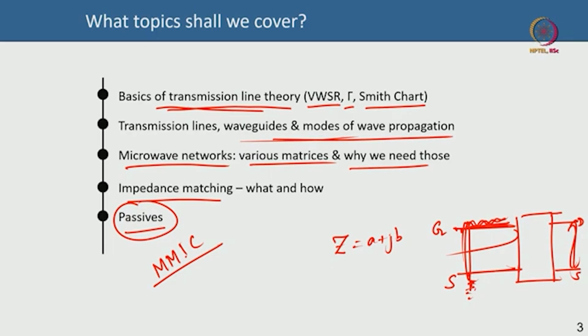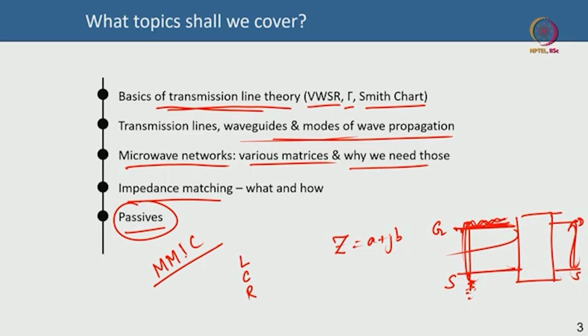So, in that case, for instance, passives are very critical. Even otherwise passives could be very critical. You are going to make not only inductor, capacitor, resistor, but also their transmission lines. You can make different other microwave components also. There are bond pads, there are wires, die attach. There are so many passives that we have to talk about, the via holes. So, these are passives that are enabled on the wafer, which we are also going to talk about.